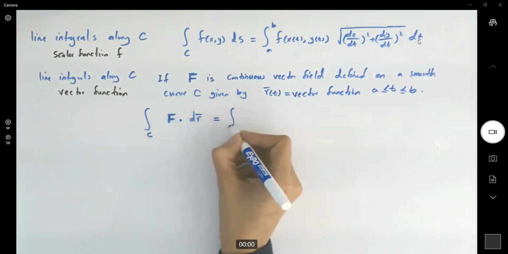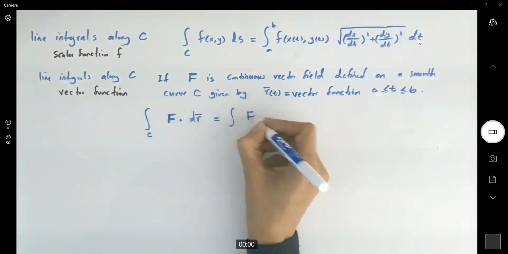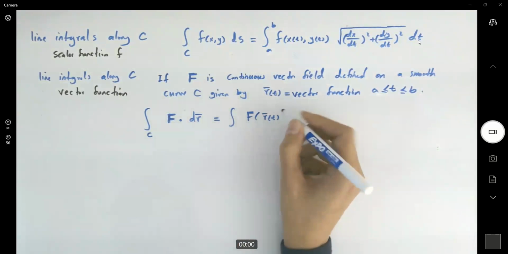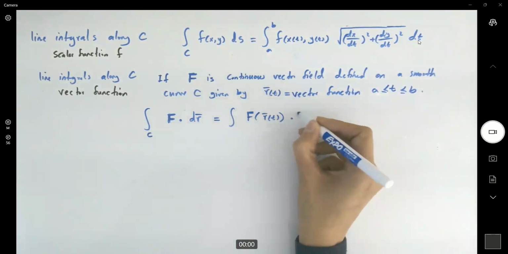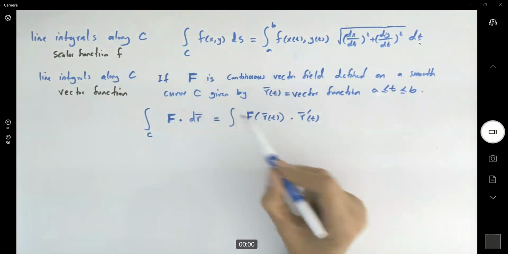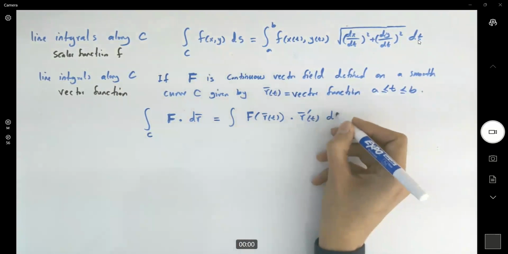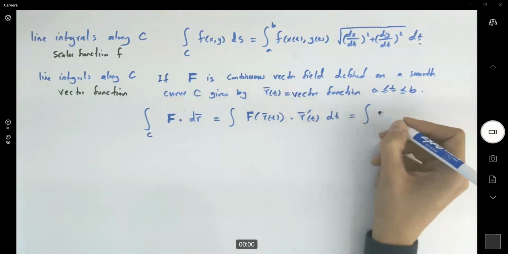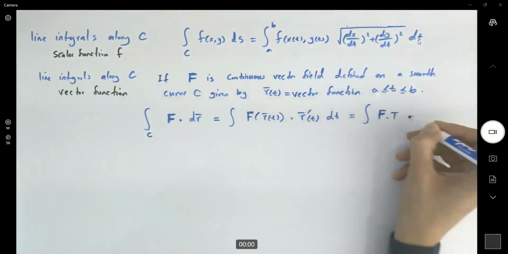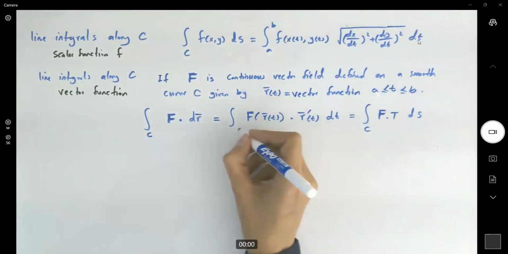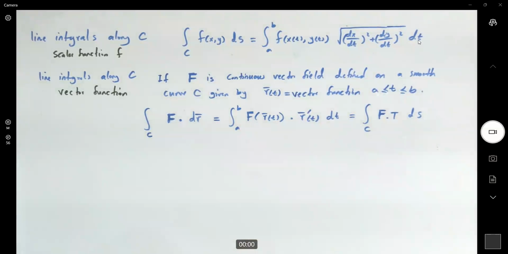It can be written as the integral of f of r(t) dot the derivative of your vector representation for your curve C, dt, or just the integral of f dot T ds over curve C. And t ranges between a to b.